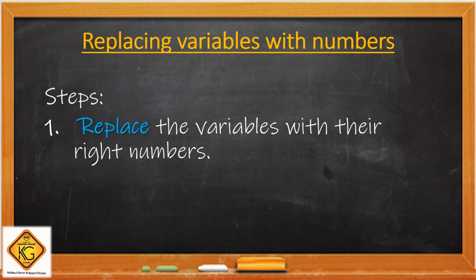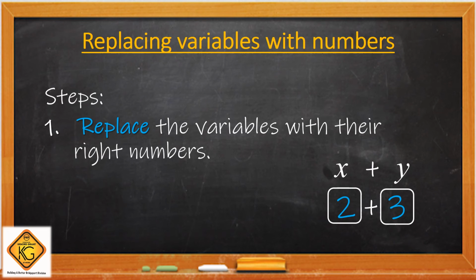But in the problem given, we know what the values of those variables are. They are 2 in the case of x and 3 in the case of y. So, since we know the values, there's no point in writing the letters we are so afraid of. It's just like writing the missing number into the box in kindergarten.